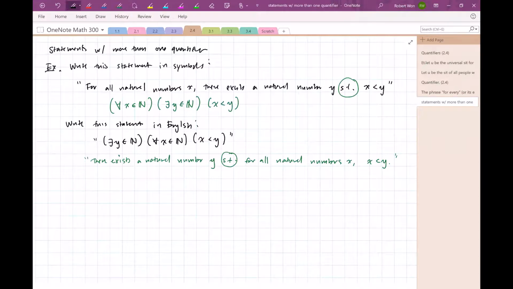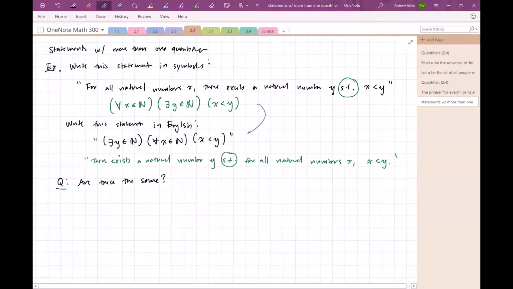Okay, and one question is, are these the same thing? Another way of asking this question is, does the order of the quantifiers matter? Because the only difference between these two statements is just in one statement, we put the for all first, and in the other statement, we put the there exists first. So does the order matter?